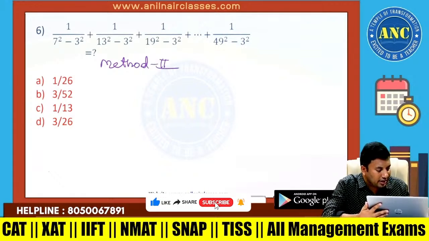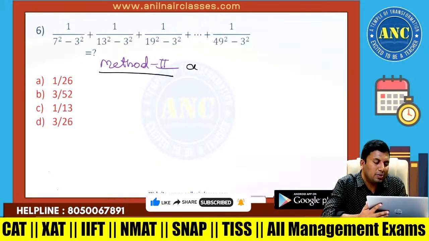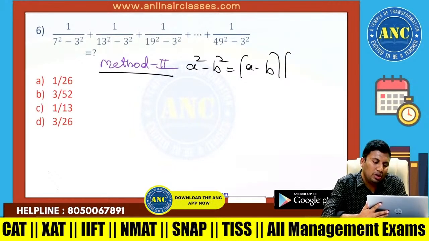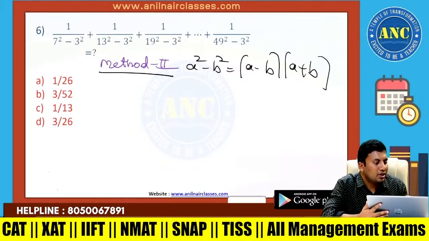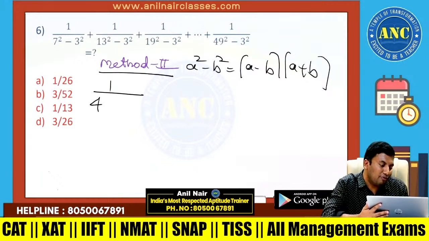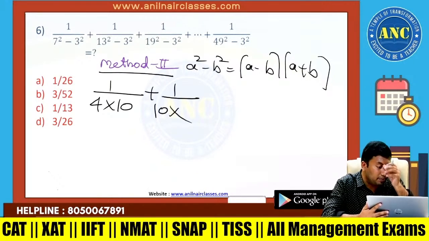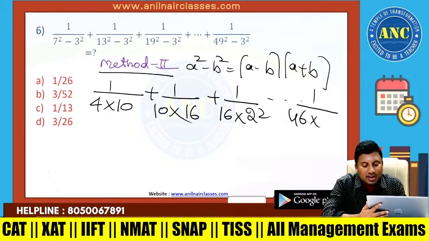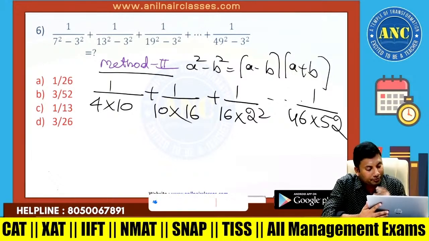Now if you look at method 2, a square minus b square is (a minus b) into (a plus b). 7 minus 3 is 4, 7 plus 3 is 10, 13 minus 3 is 10, 13 plus 3 is 16, 19 minus 3 is 16, 19 plus 3 is 22, 49 minus 3 is 46, 49 plus 3 is 52.